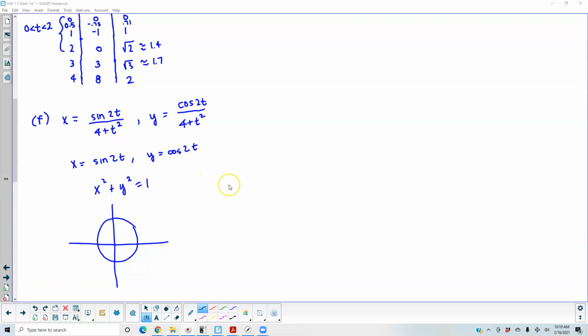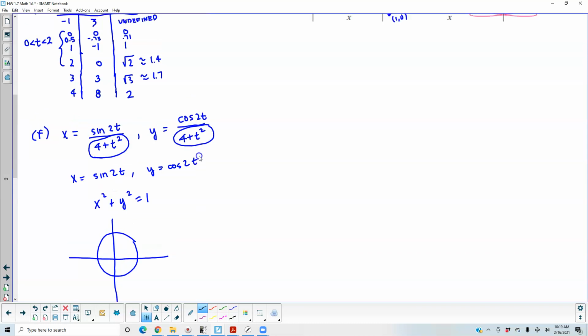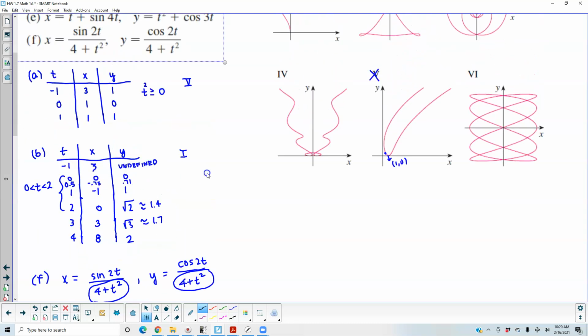And so now, if we apply the denominator of 4 plus t squared, what that does is it's going to continue to create more circles. But when you're dividing by a particular value, regardless of whatever the fraction is, it's going to make it smaller. So it's going to make smaller and smaller circles.